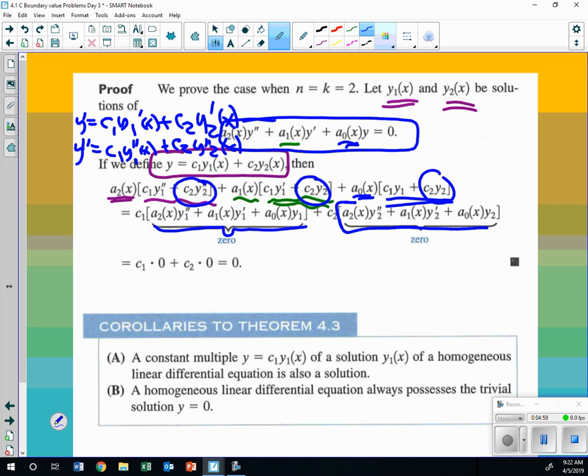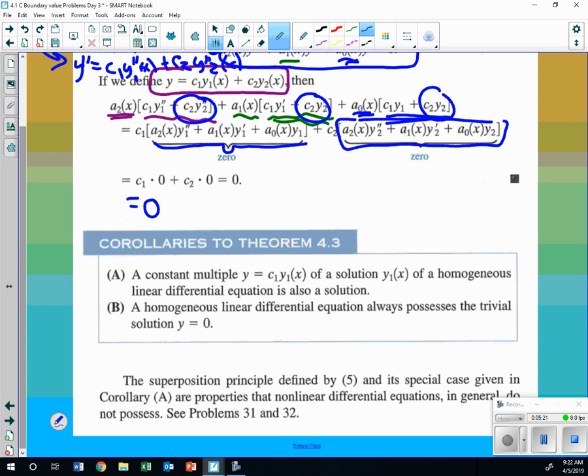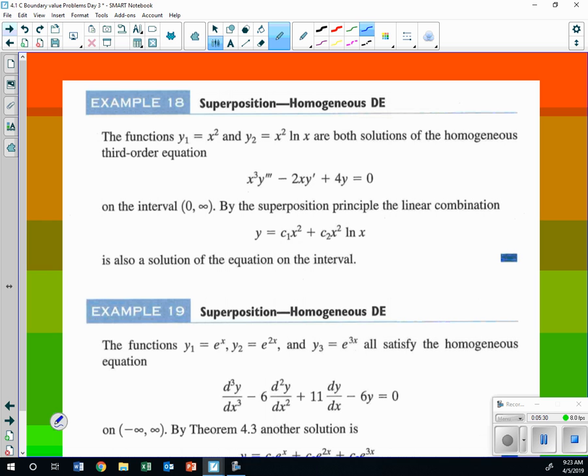And this whole thing here is also 0, because that's what was given. And since c1 times 0 plus c2 times 0 equals 0, we've verified that it works. All it is, is that when you take the derivatives of these, the constants don't change, only the function changes. Corollary: you can multiply your answer by c1 and it won't affect whether it's homogeneous.